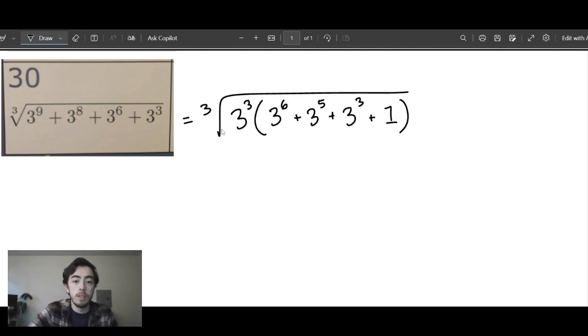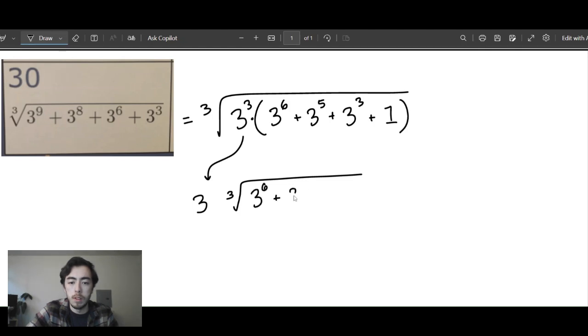So I've already found a triplet here. This 3 cubed is allowed to escape as just 1 3 on the outside of the cube root sign. But then I'm still left with this 3 to the 6th plus 3 to the 5th plus 3 cubed plus 1. And I don't see anything else really striking to me about this. Like I factored, great, I got a 3 out.